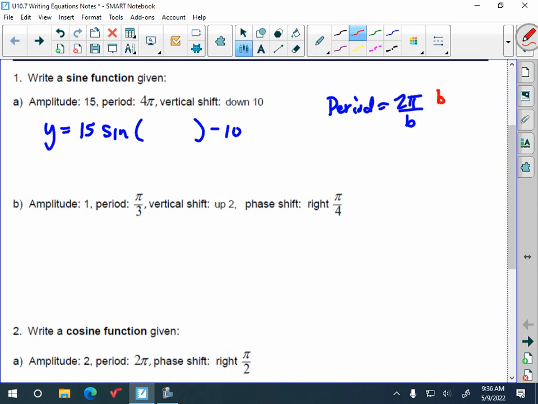Well, we could multiply by B. Then we could divide by the period. So we get B equals 2 pi divided by the period. Let's put P for period.